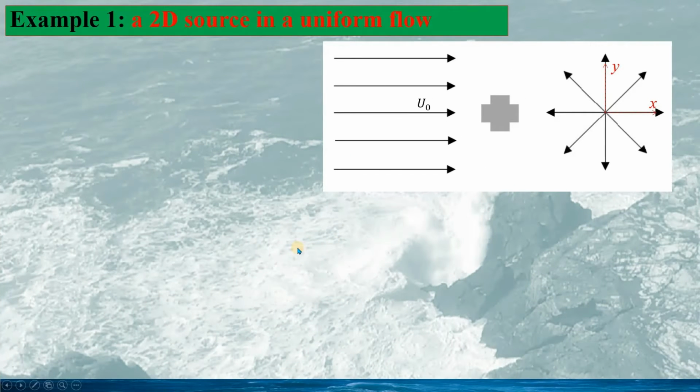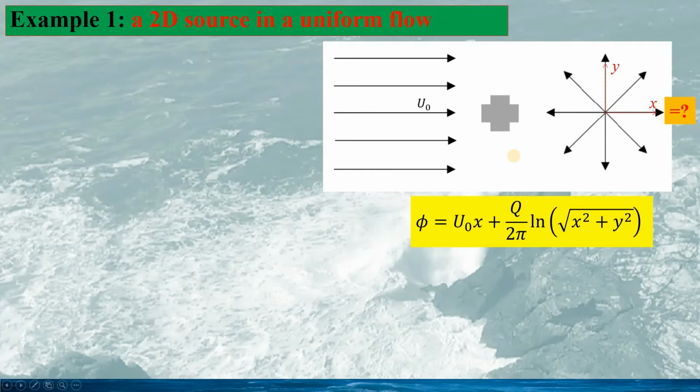The first example is a 2D source in a uniform flow. The source is here at the origin of the coordinate, and the uniform flow has the velocity u0. Now the question is, what is the combination of the source and the uniform flow?